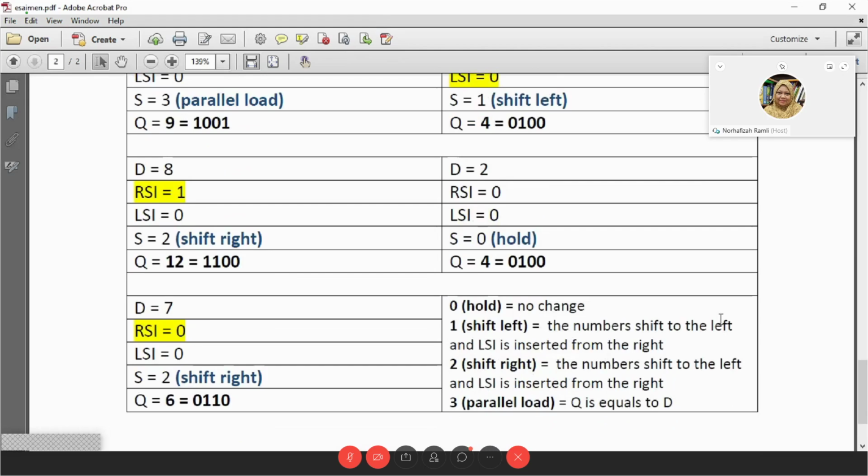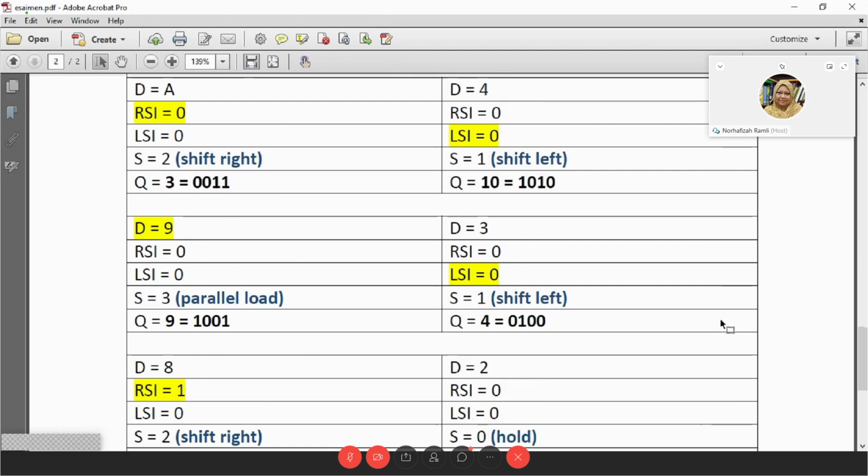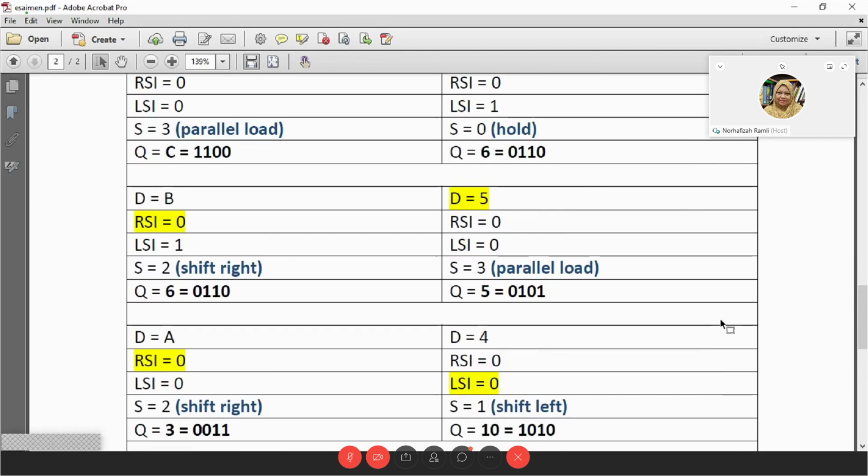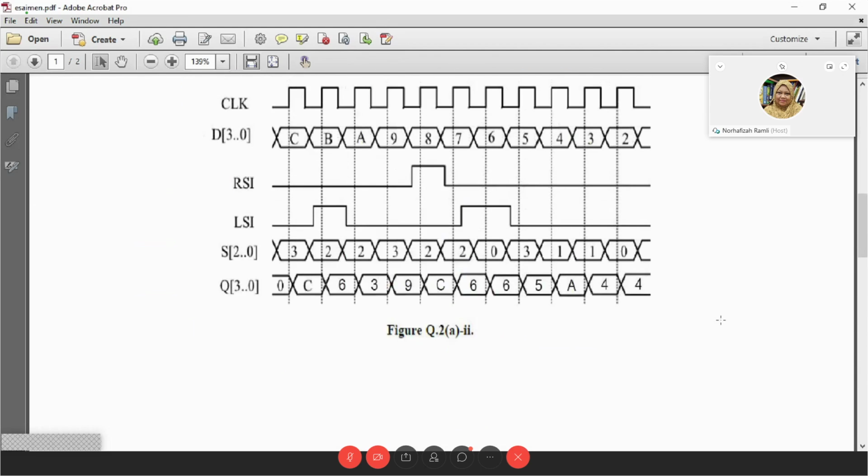You didn't show, right? By right, you have to start from there, because in the exam there are cases where we mistakenly put LSI here and RSI here, but the table is still the same. You see?